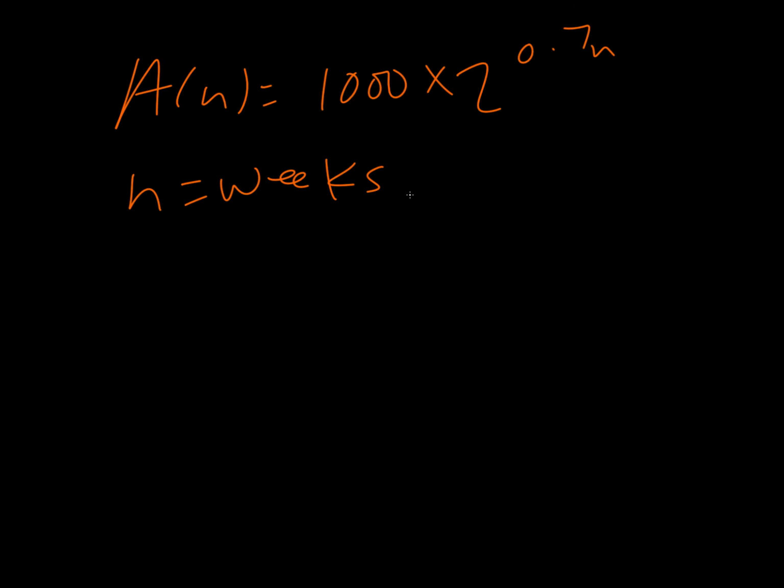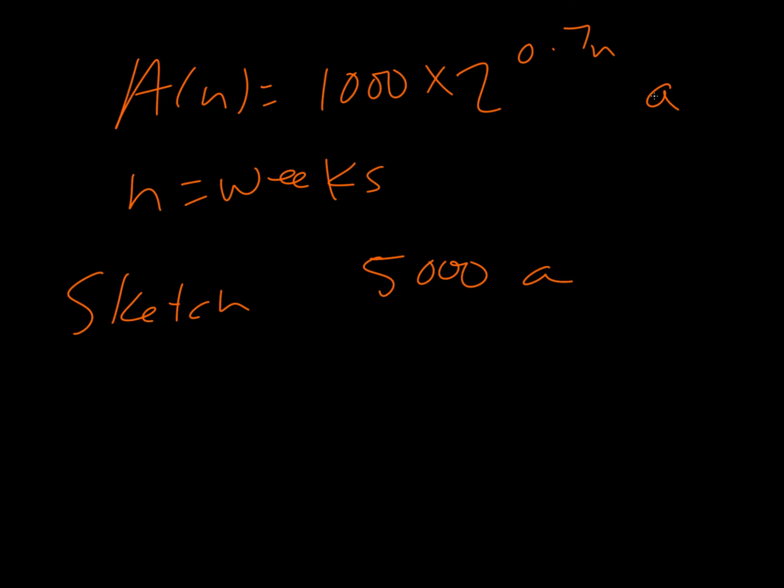Use technology to help sketch the graph of A versus n, and then estimate the time taken for the affected area to reach 5,000 acres. So this is in acres also.